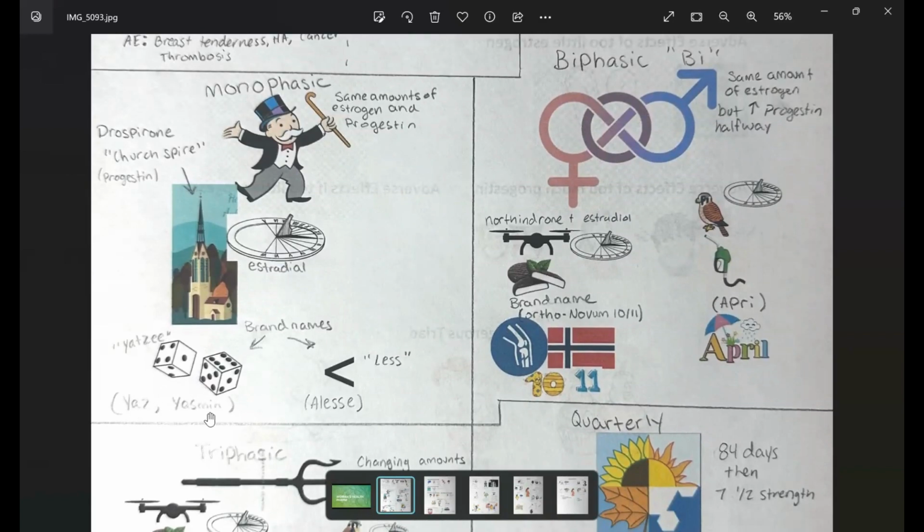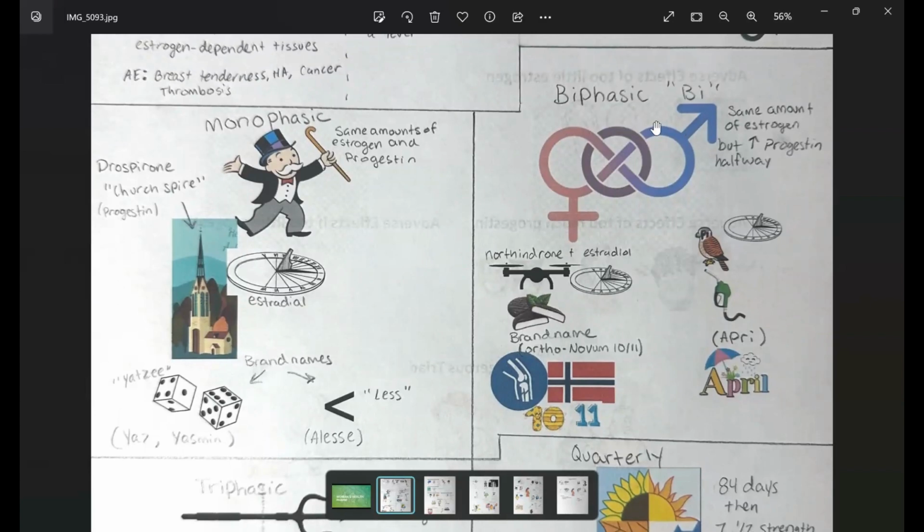You have Yaz and you have Yasmin, and I thought Yaz was like Yahtzee, so I have a little dice here. And then this is the less than symbol because the brand name was Aless, so just less than. These drugs are a combination of drospirenone and again estradiol. Drospirenone has the word spire in it, like a church spire, the peak of a church.